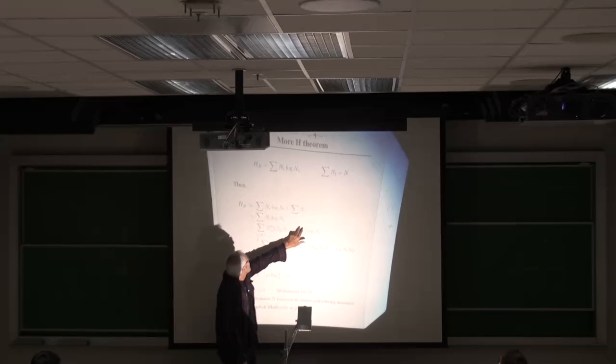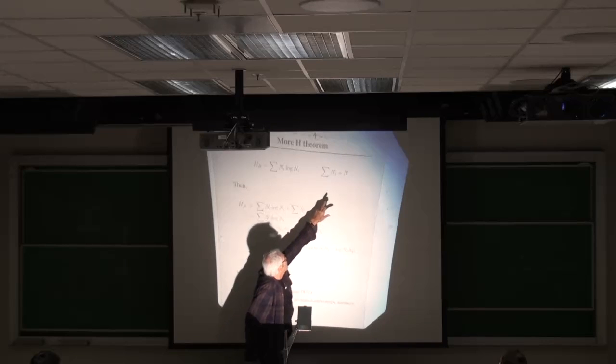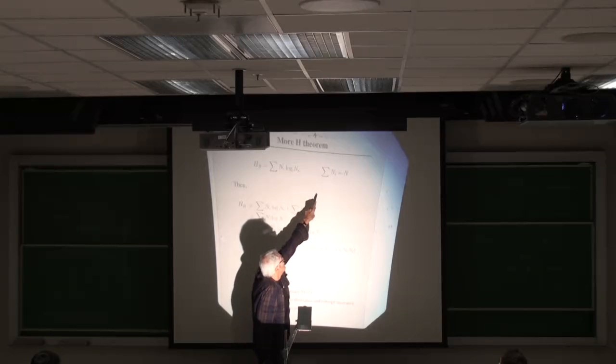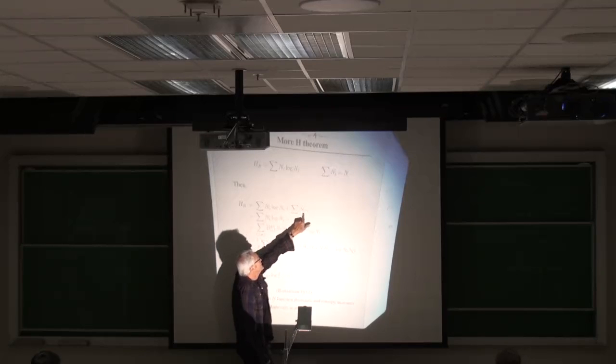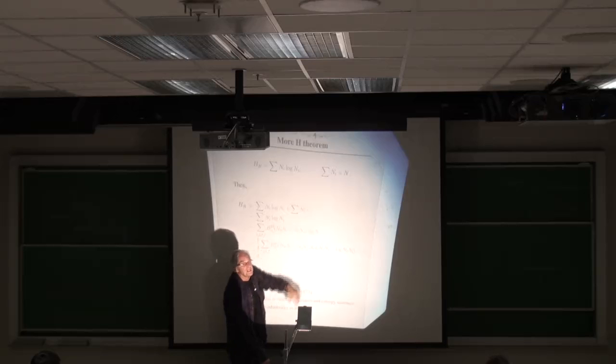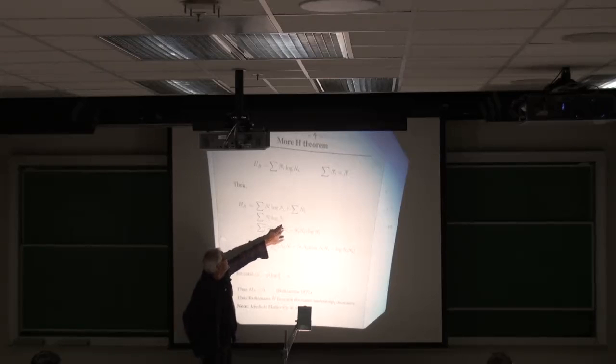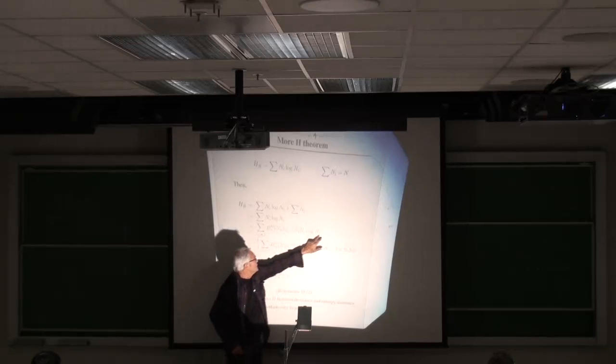But look, the summation of n sub i equals n, which is a constant. So if I take the derivative of both sides, which I've done here, I get 0. So that term disappears. So now I'm only interested in this. And from the previous transparency, that's equal to this quantity.